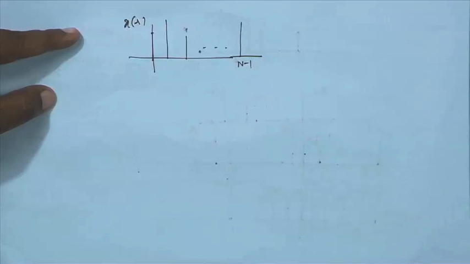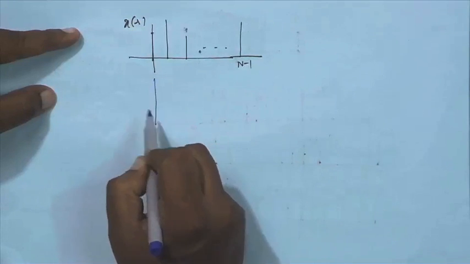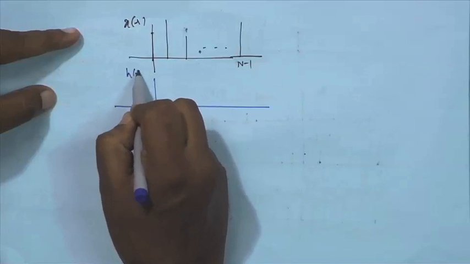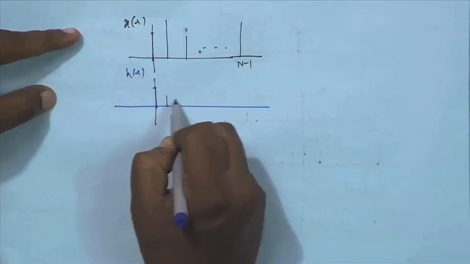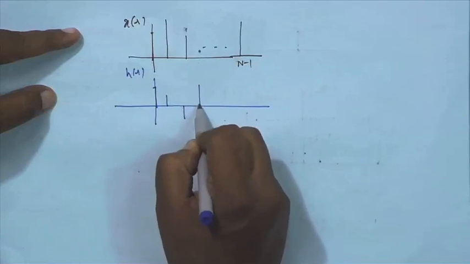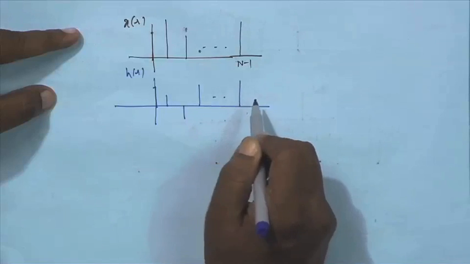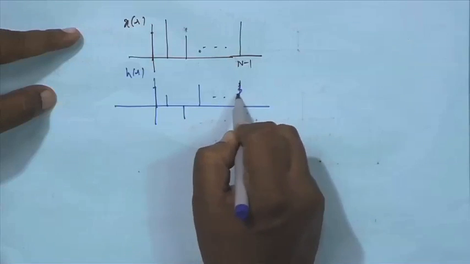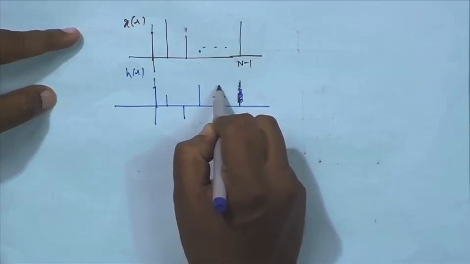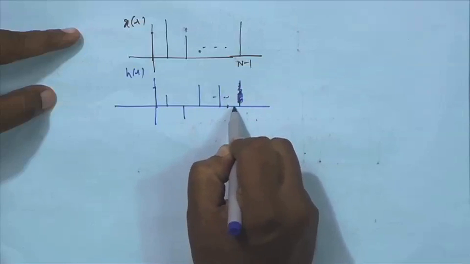So, length n and H r not up to this. So, up to maybe this and then zeros.